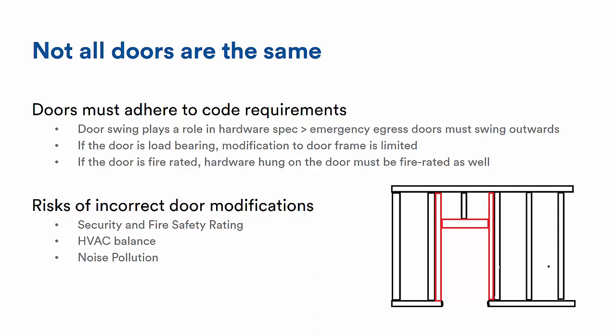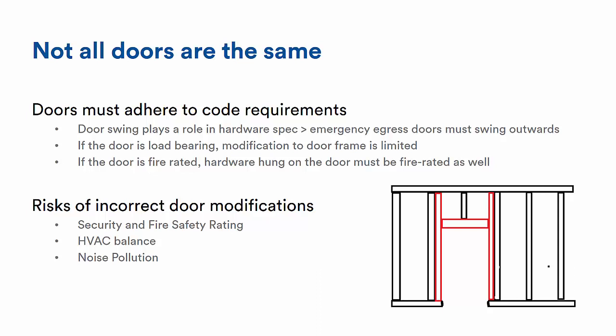If the door is load-bearing, like what is illustrated on the slide here, then modifications to the door's frame is limited, as this can compromise the integrity of the building's structural safety. Since load-bearing frames are installed to support structural weight of walls and roofs, modifying these frames can cause structural damage.